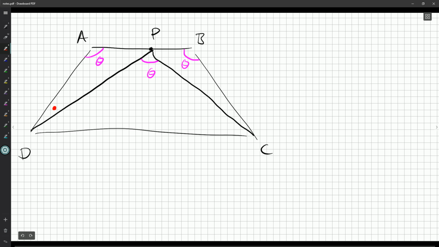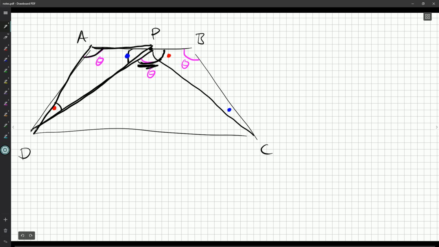So if this is a red dot, then here we have an exterior angle to the triangle ADP, which means that this exterior angle is the sum of the opposite interior angles, the ones opposite the angle that you're extending past. So it's the sum of theta plus the red dot, so we get the little red dot here. And similarly, I suppose we could use blue. We put the blue dot here, we'll get the blue dot here.